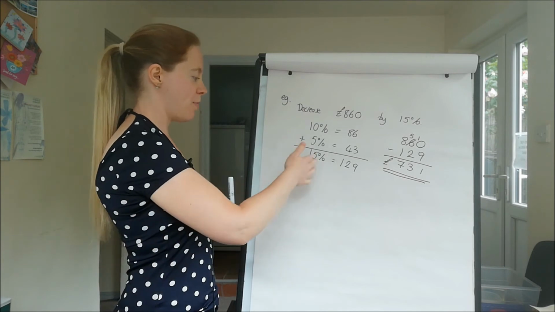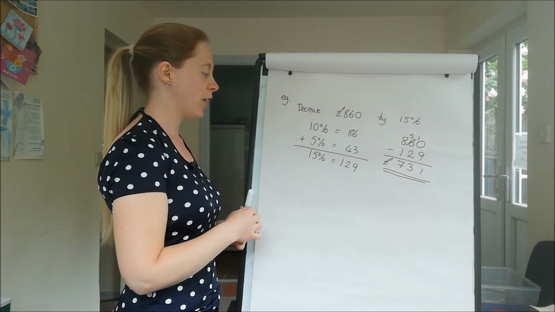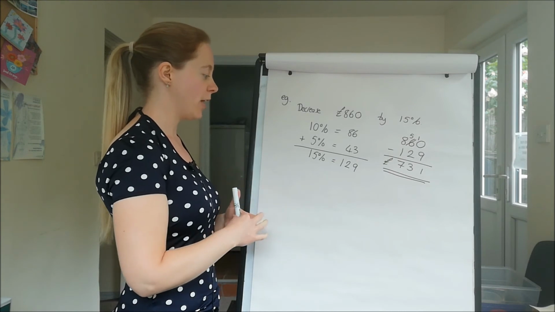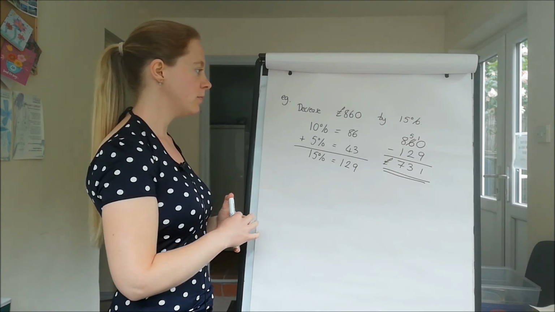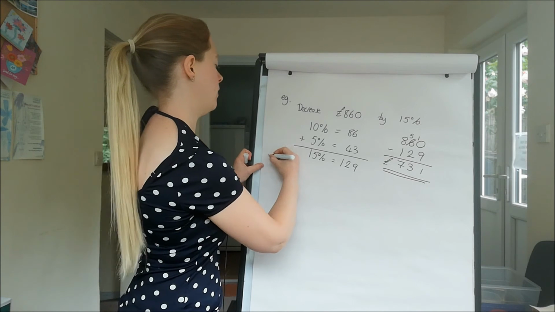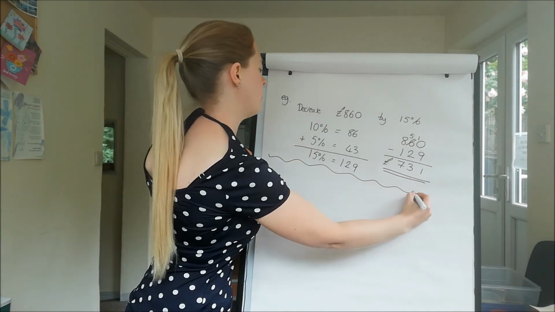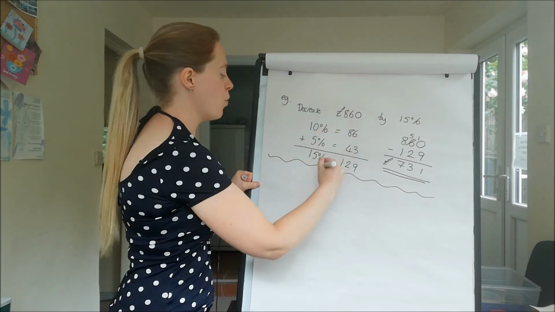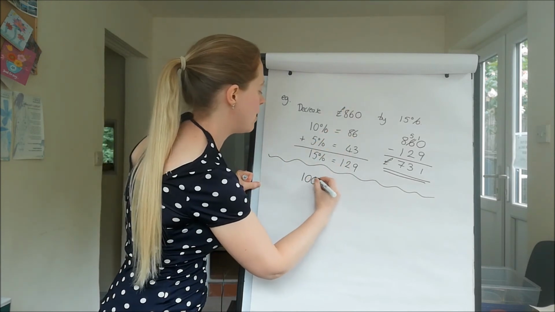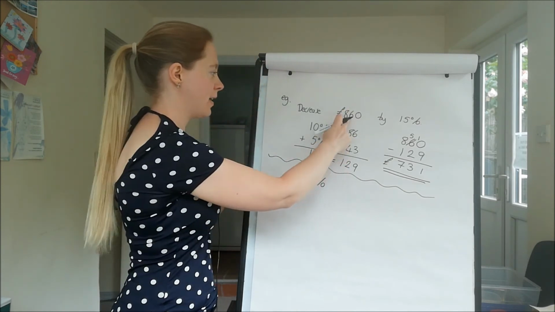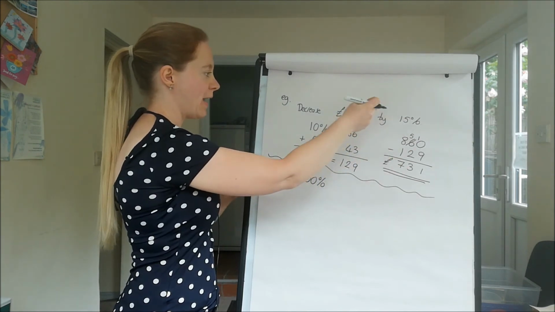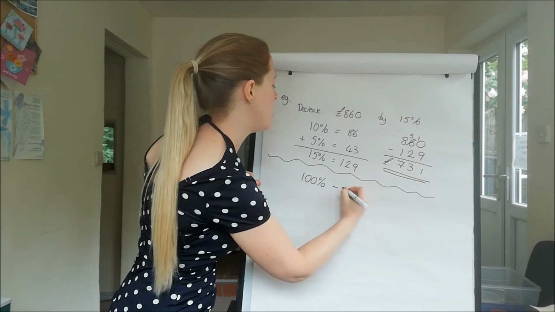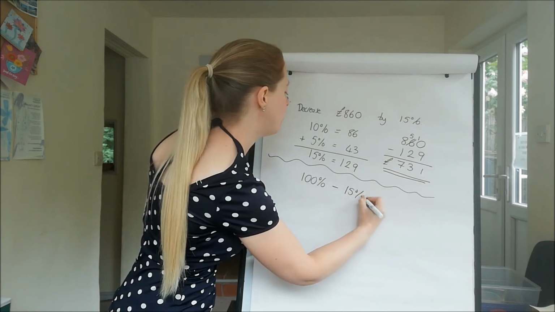We'll now do the same question again with a calculator. So if you put method 2, calculator, now this time we need 100% of 860, but instead of adding 15% on, we're being asked to decrease, so to take 15% off.